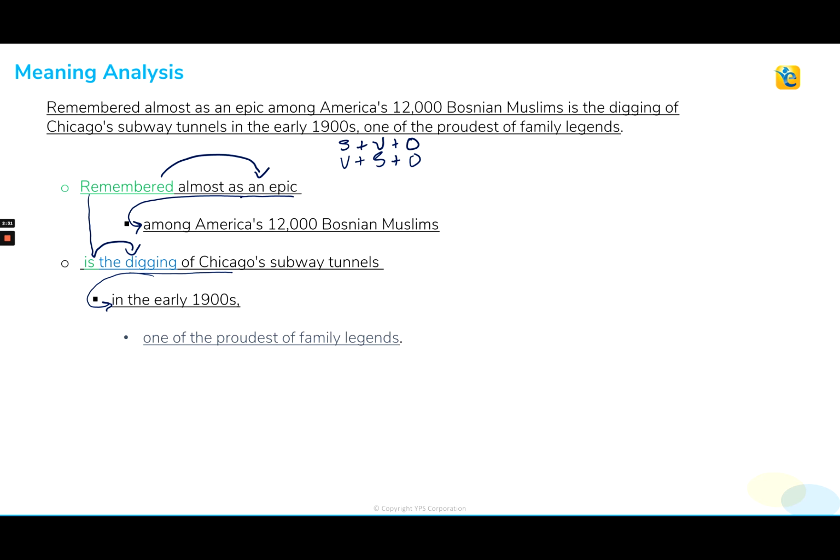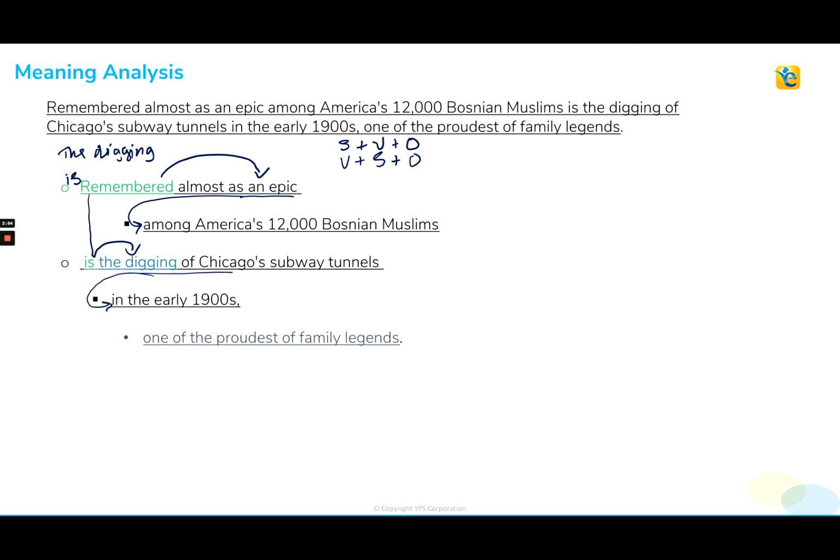So if we want to try to really see what's happening and extract that meaning, we can flip the structure back around and put the digging up here. The digging is remembered almost as an epic among America's 12,000 Bosnian Muslims.